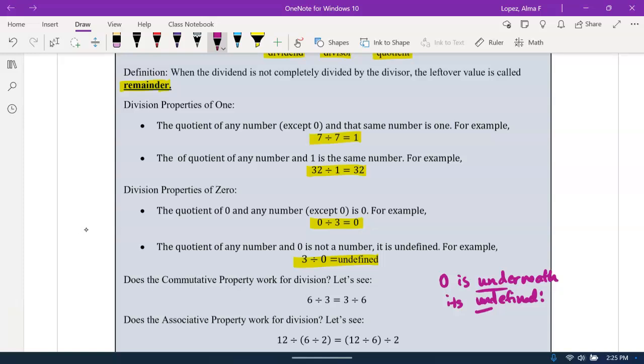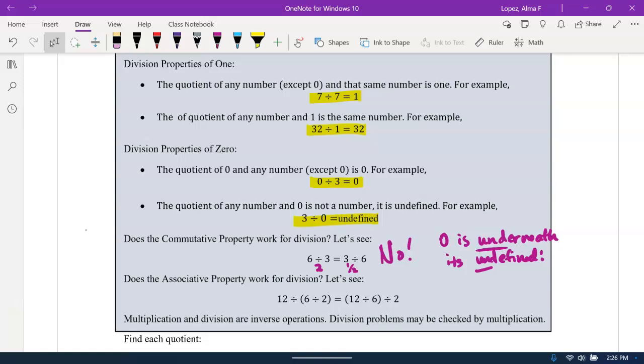Does the commutative property work for division? Well, let's see. 6 divided by 3 is 2, and 3 divided by 6 is 0.5 or 1/2. And again, we don't have to know that right now, we'll get to that. But definitely no, they're not equal.